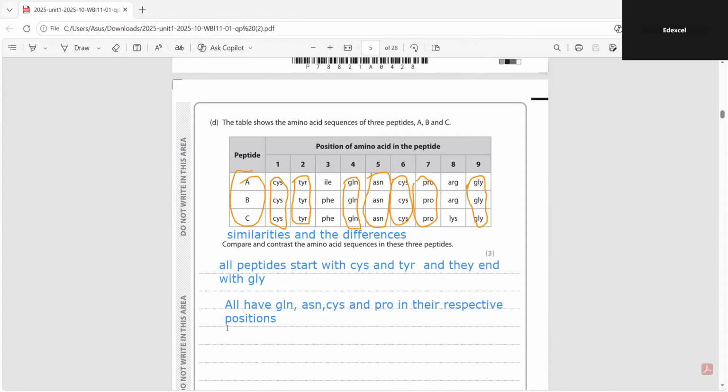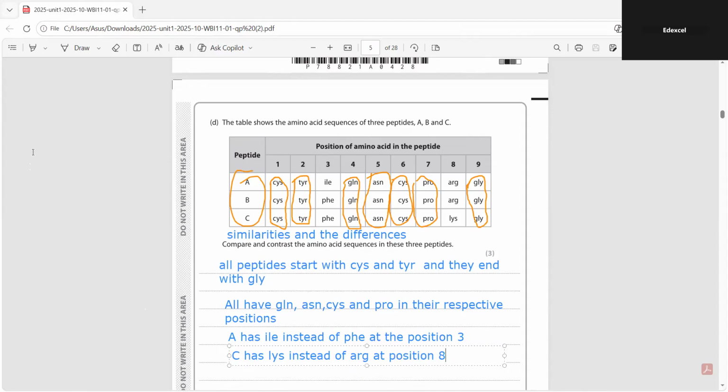Then for the differences, what you can write is that polypeptide A has ILE instead of PHE at position 3. So this is a difference. Then another difference is that peptide C has LYS instead of ARG at position 8.